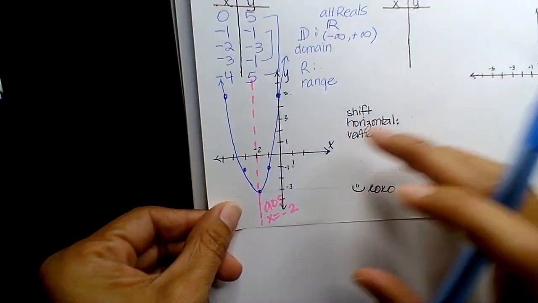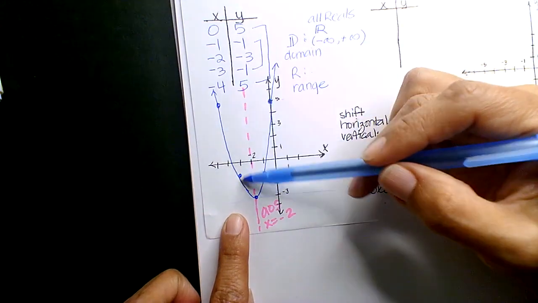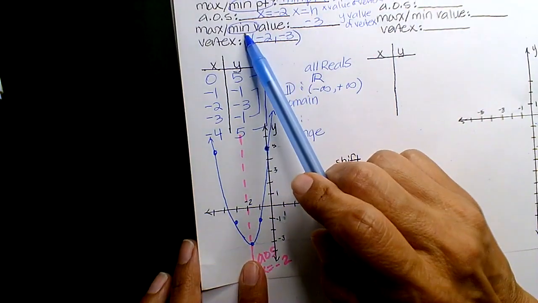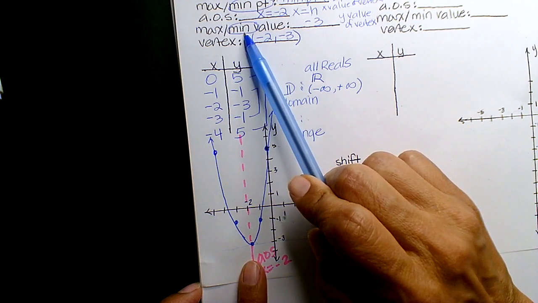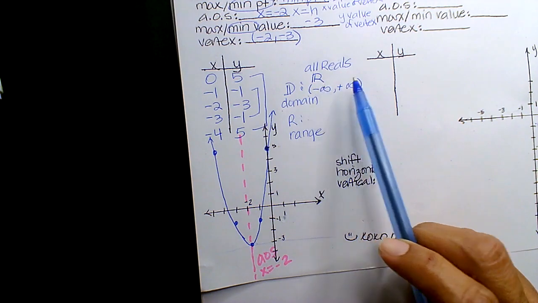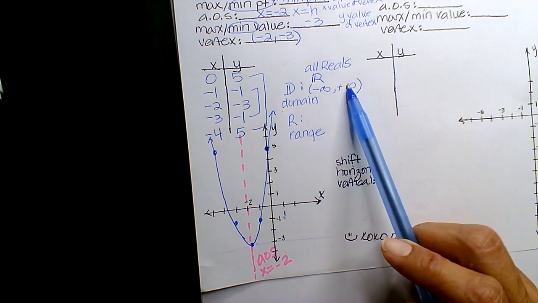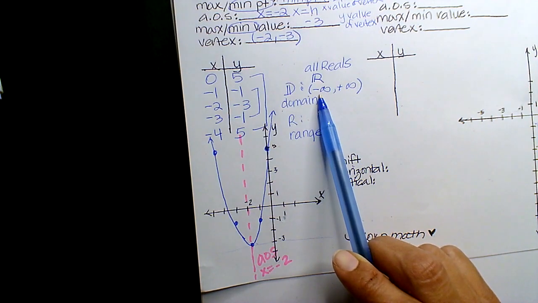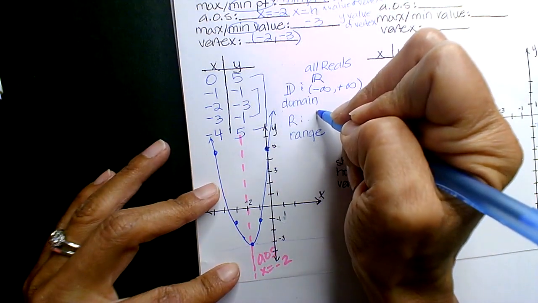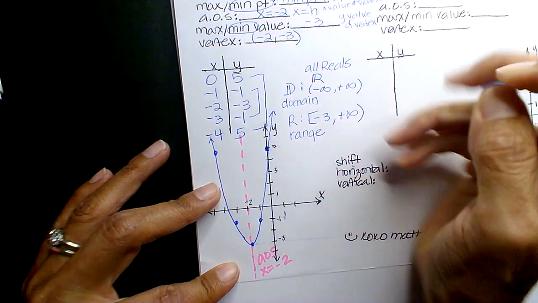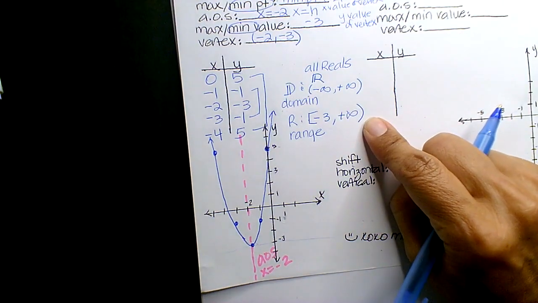But because it's a concave up parabola, -3 is your minimum value. So when you're writing the range from left to right, it starts here, ends here. It's the minimum, so it's on the left. And so it goes from bracket -3 to positive infinity, parentheses.